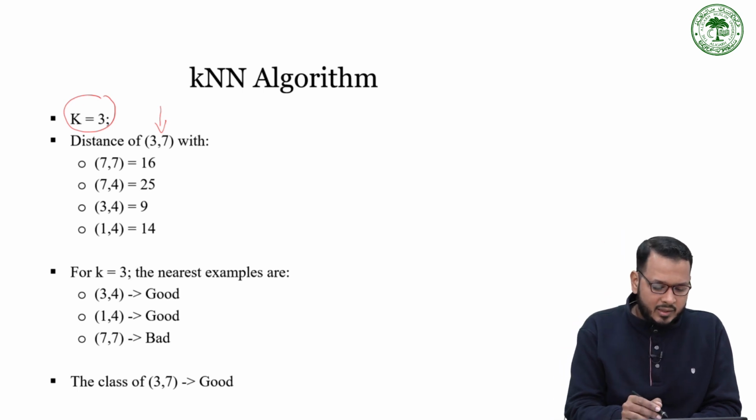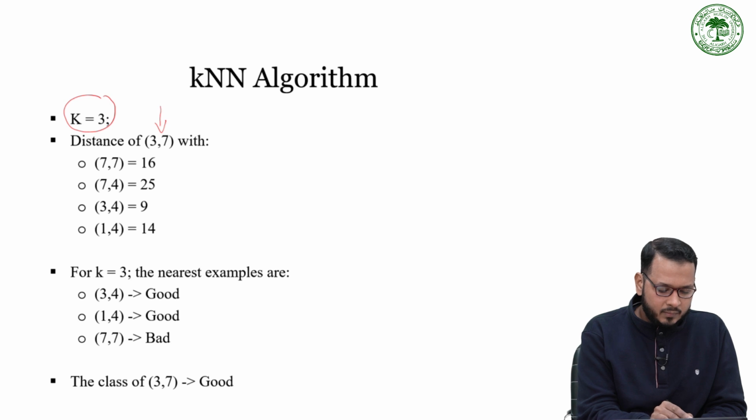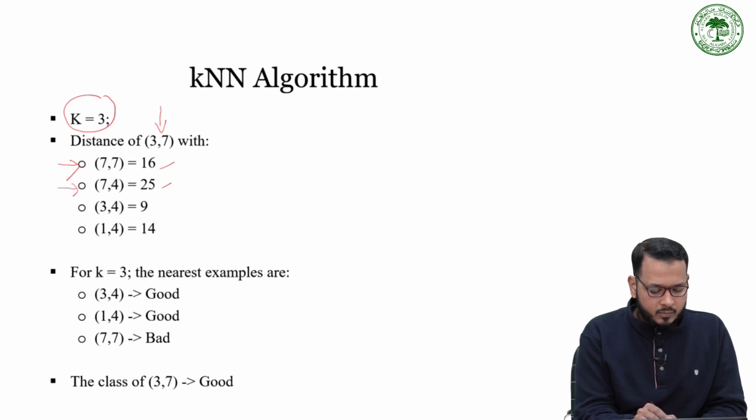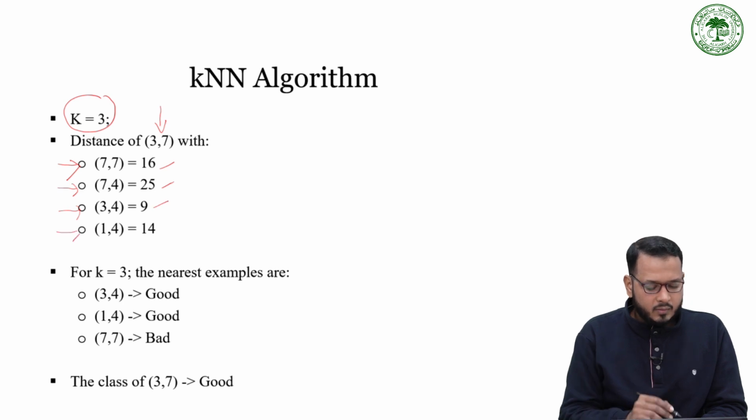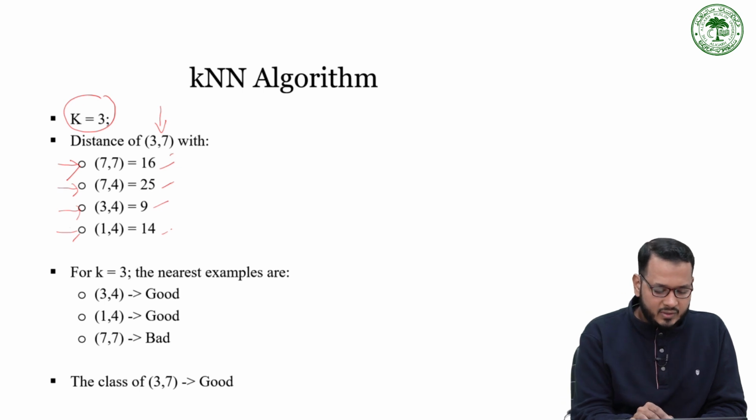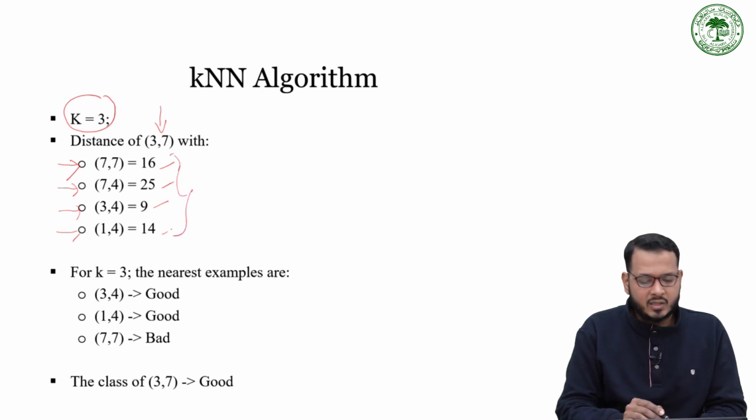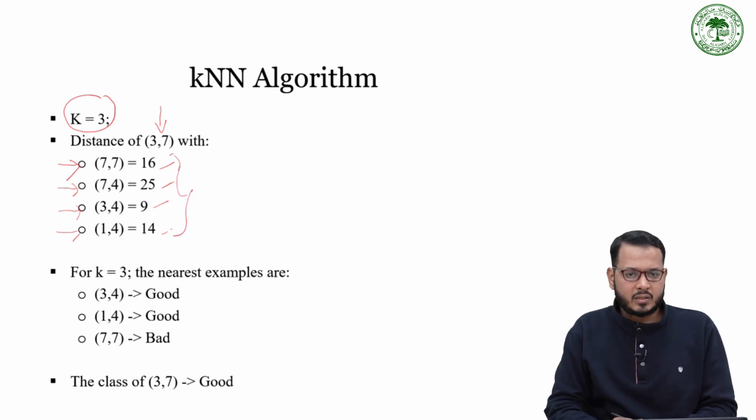So I will calculate the distance of 3, 7 with 7, 7. The distance turns out to be 16. 7, 4, 25. 3, 4, the distance is 9. 1, 4, the distance is 14. These represent the Euclidean distance, the square of Euclidean distance.